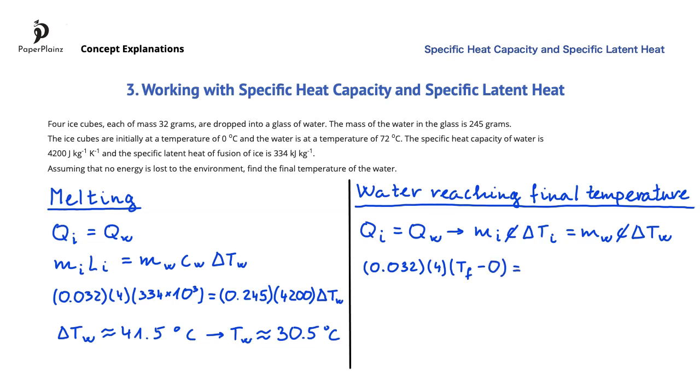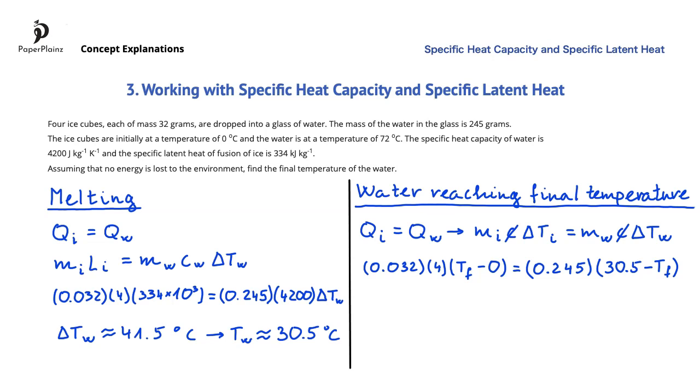This is equal to the mass of the water, so 0.245, multiplied by the temperature change of this water. The water begins at 30.5 degrees Celsius, and it cools down to its final temperature. The difference between these two is the change in temperature, so we get 30.5 minus Tf. Since we want to keep this temperature change as a positive value, and we know that the final temperature will be lower than 30.5 degrees, here I wrote 30.5 minus Tf instead of writing Tf minus 30.5.